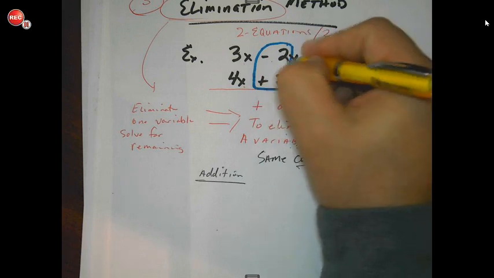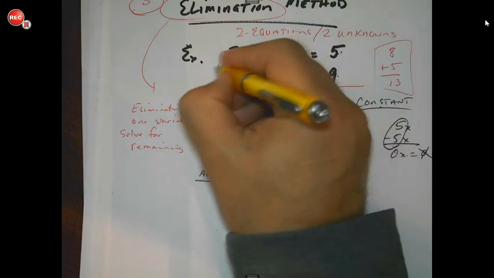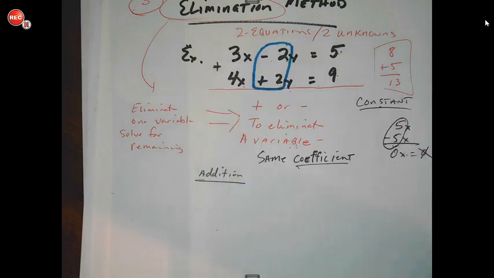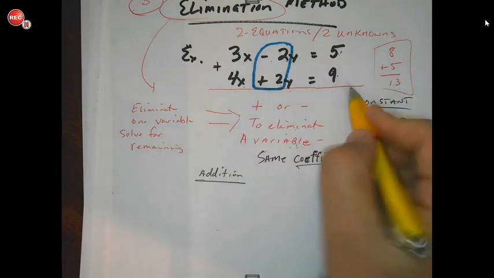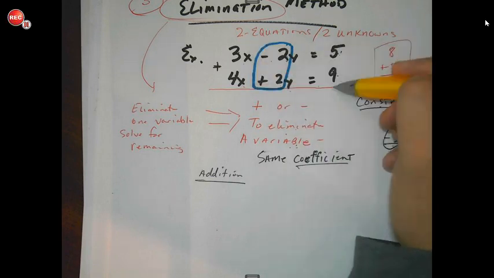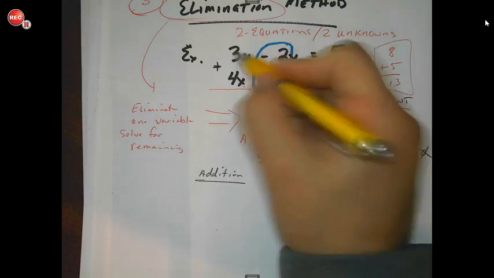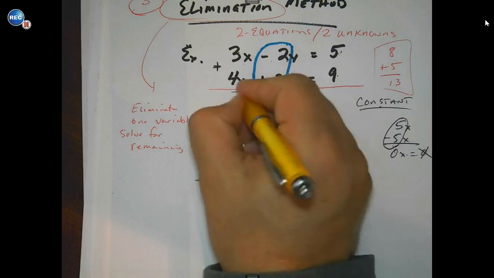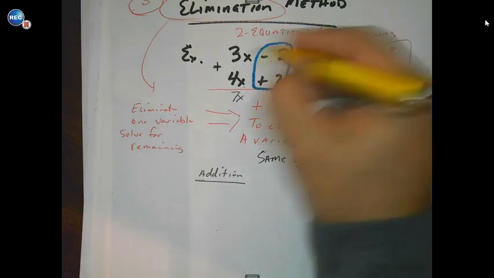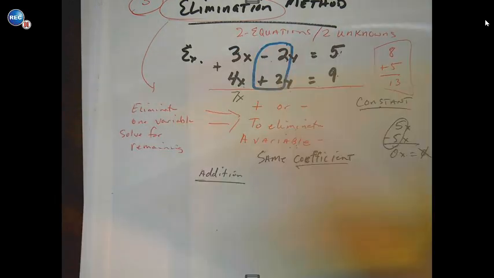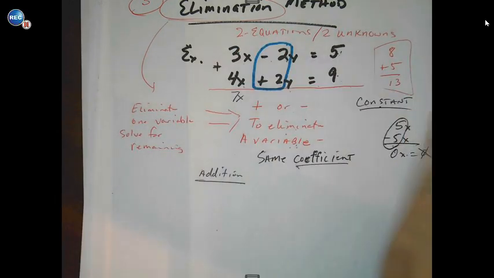We don't just add these two, we have to add the entire equations. So we're going to take this entire thing and add it to this. That's why we have it lined up like this with like terms. So 3x plus 4x gives me 7x. Negative 2 plus positive 2, that's the whole purpose for doing this method, that cancels out.